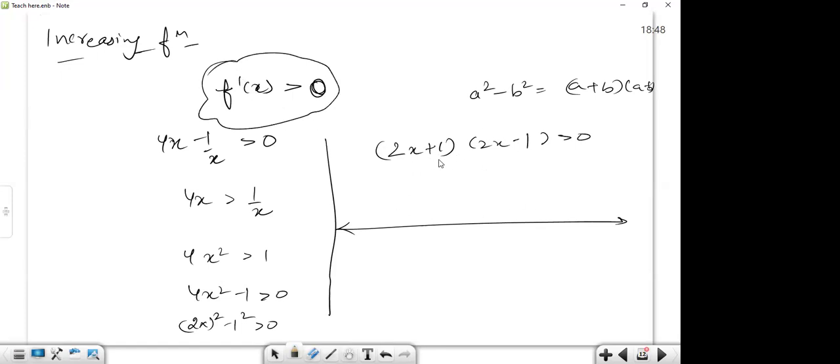So here, x equals half and x equals minus half. And this is f dash of x, and it should be positive. Also we cannot take x equals 0.